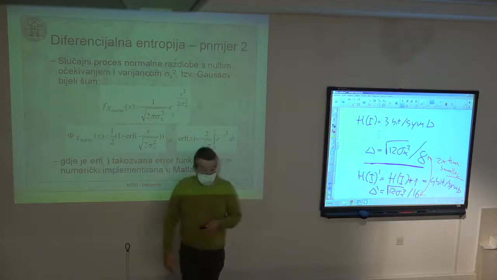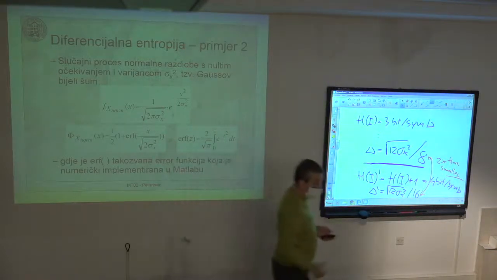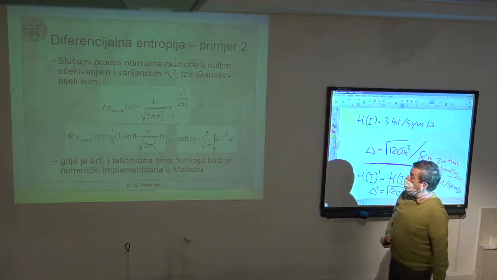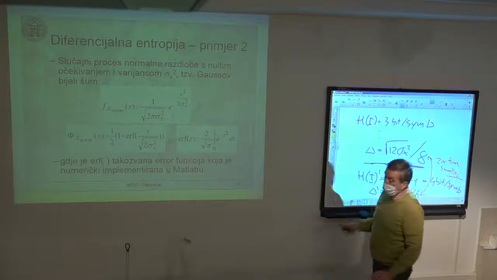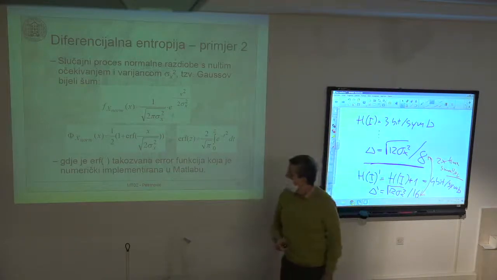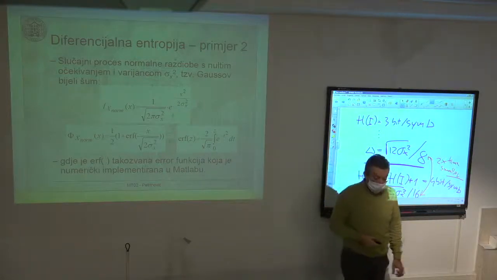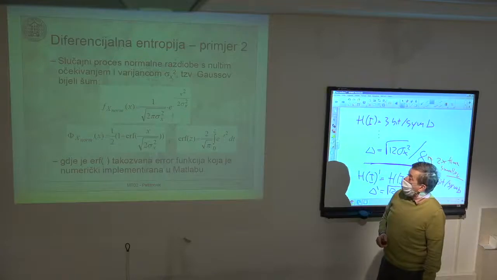This only shows that this f_X of x is really a probability density function. That is the condition that any probability density function must fulfill: its integral must be equal to 1 over the range of random signal values.